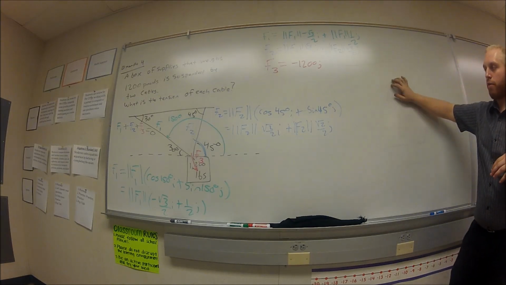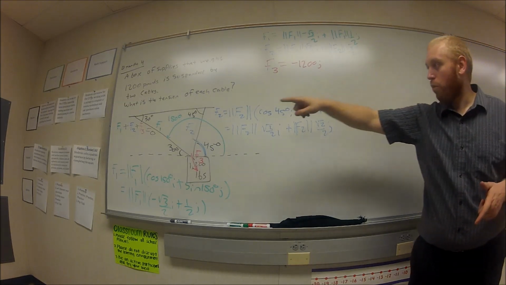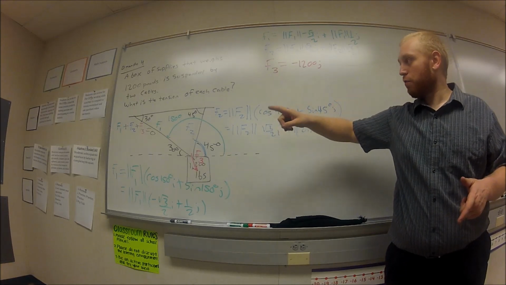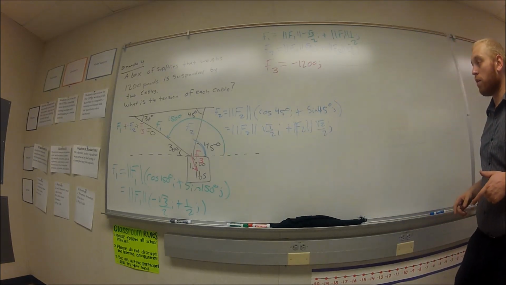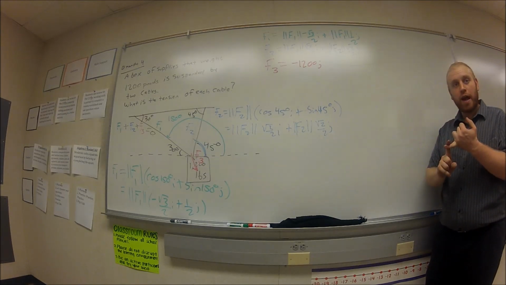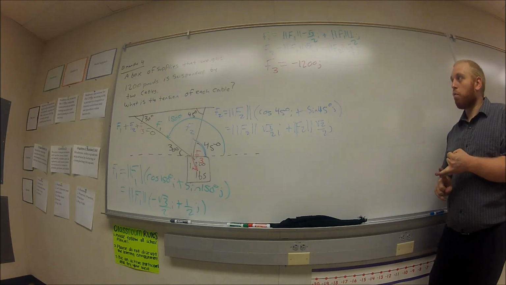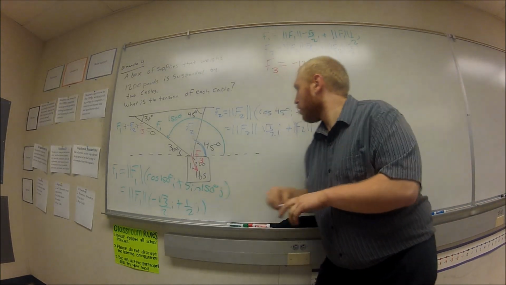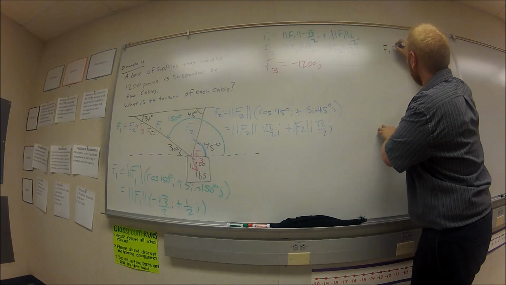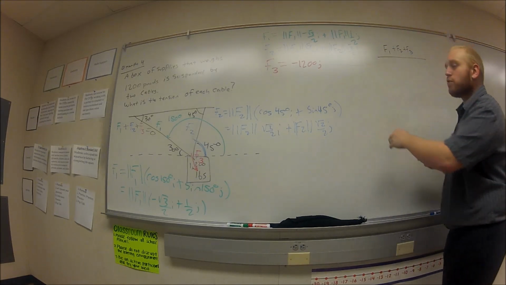Now the last part. We're going to have to set up to take a substitution. But before we do that, we need F1 plus F2 plus F3 to equal 0. Remember what I said before: that means the I component has to equal 0, and the J component has to equal 0. Let's look at the I component.